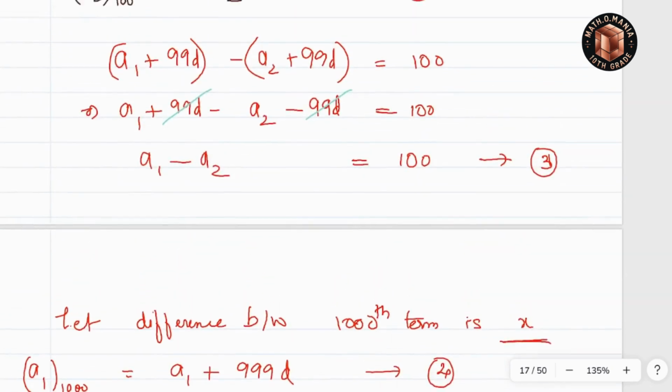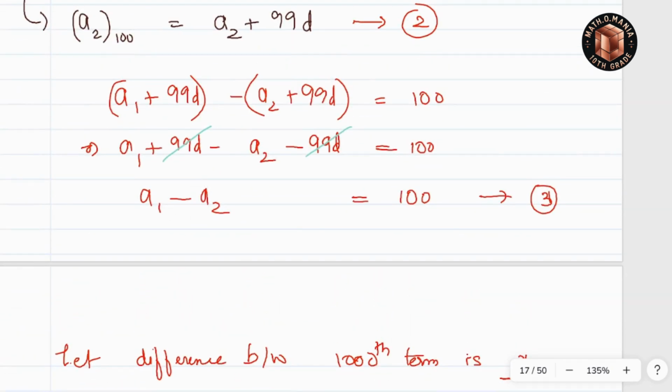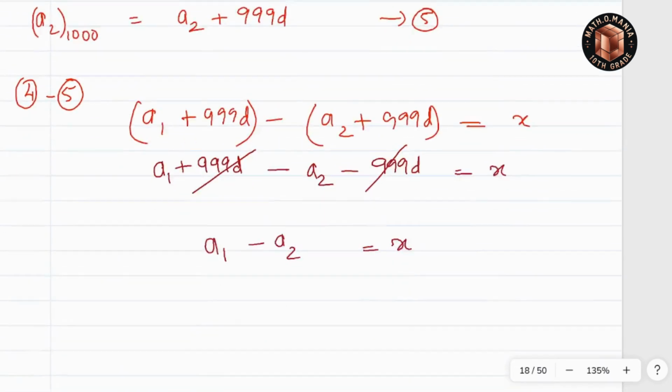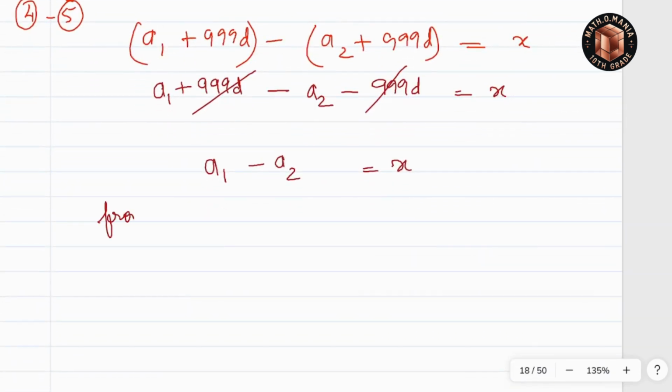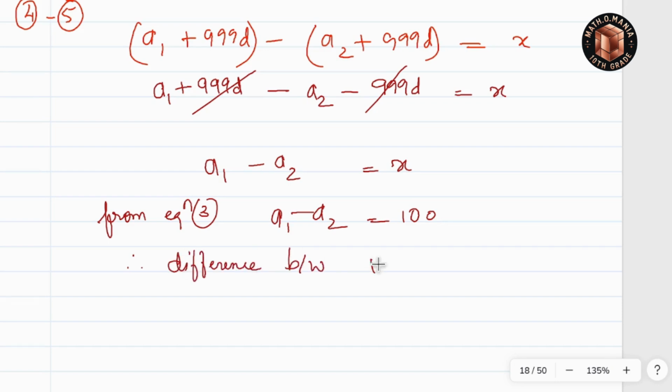I already know the value of A1 minus A2. From equation 3, A1 minus A2 equals 100. Therefore, the difference between the 1000th terms of these two APs is also equal to 100. Clear?